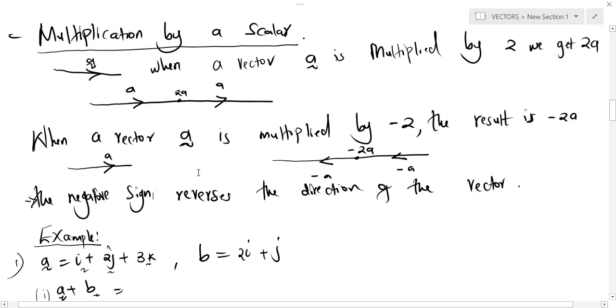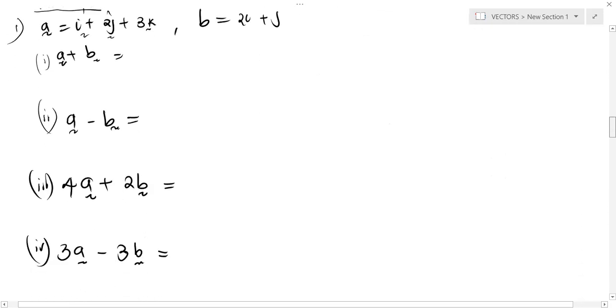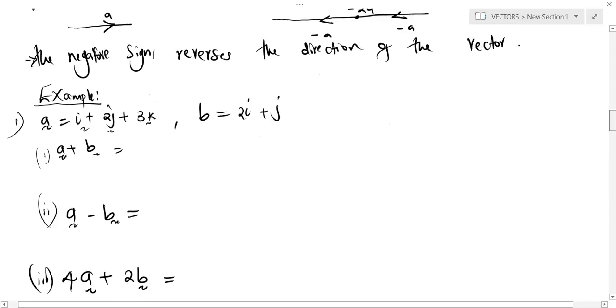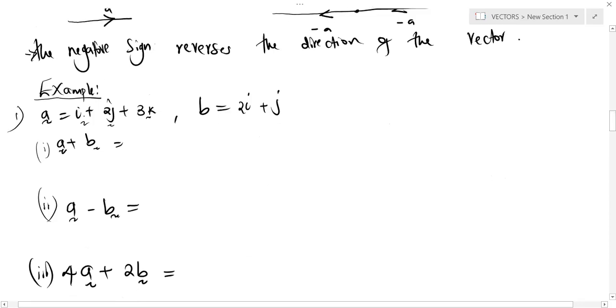Okay. Now let's look at the example we have here. So we have A is equal to i plus 2j plus 3k, and B is equal to 2i plus j. And the value of C is also given. So how do we go about adding and subtracting these vectors? If we are to add this, I can just write them in their column form, without the ijk, so just writing the coefficients, that is 1, 2, 3.